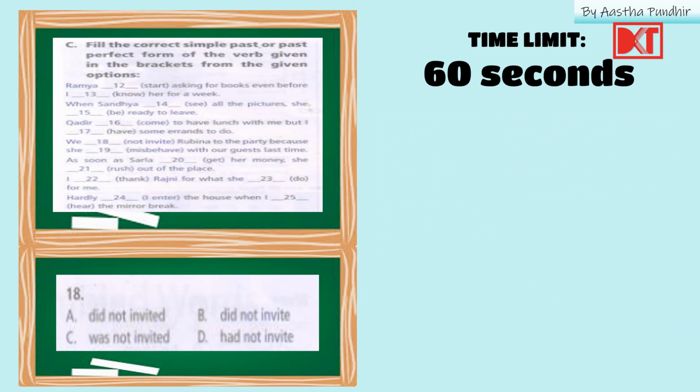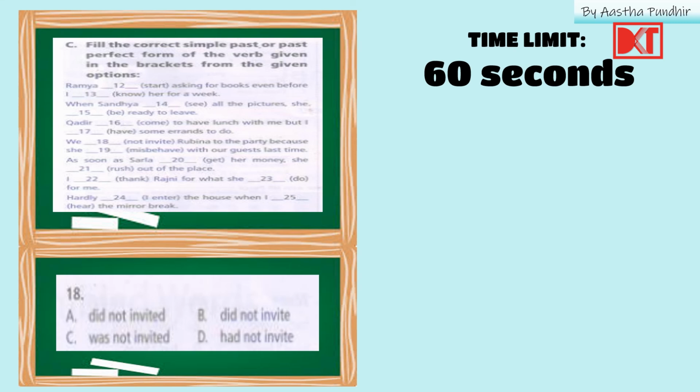Okay, next. We dash Rubina to the party because she dashed with her guests last time. Now this is again: we dash Rubina to the party. The verb is not invite. So we will be forming this in simple past again. This is an action completed in the past.